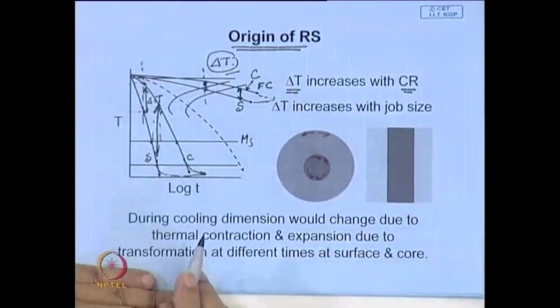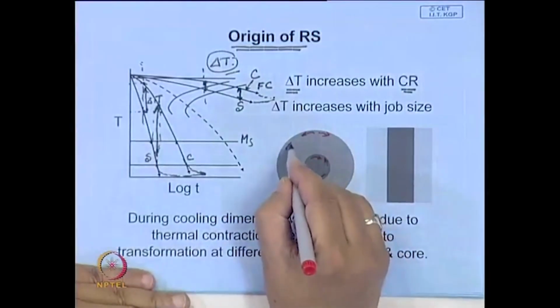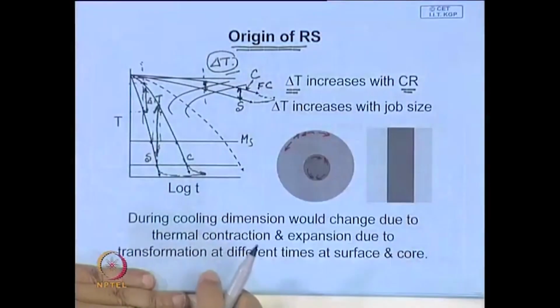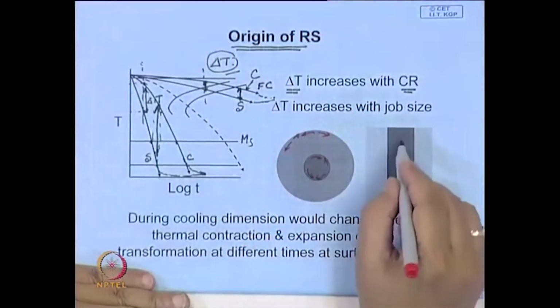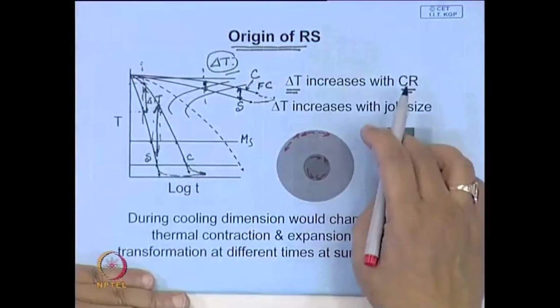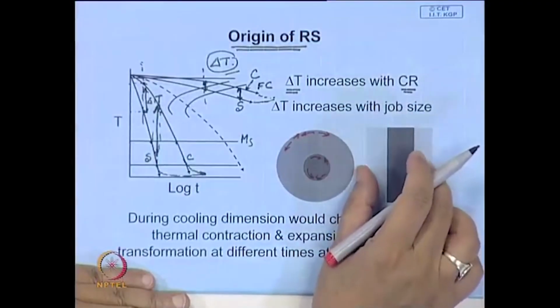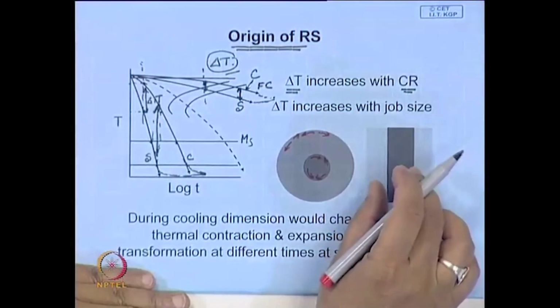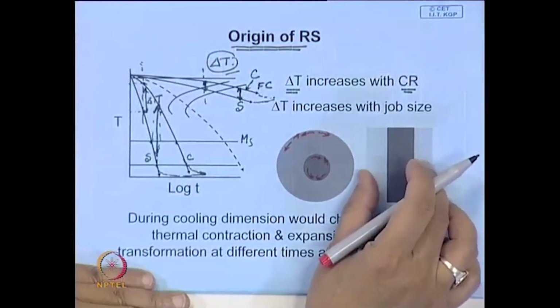So, this is susceptible to cracking, you can say. Here you will have tensile stress on the surface, so it can lead to surface cracking. Also, as we have seen during the transformation, it will initially try to contract and later try to expand.